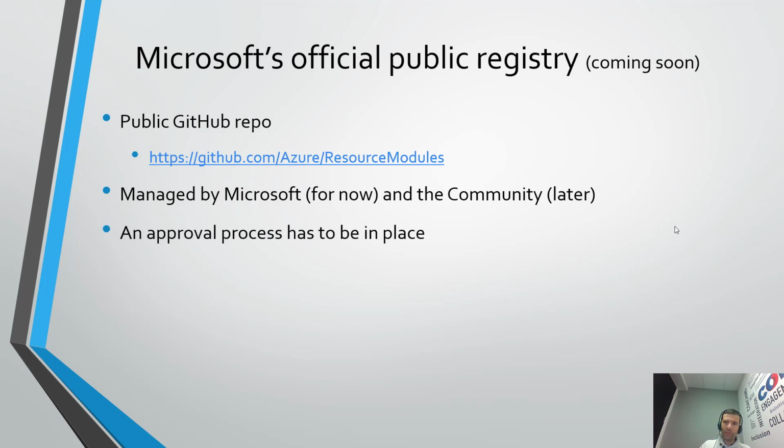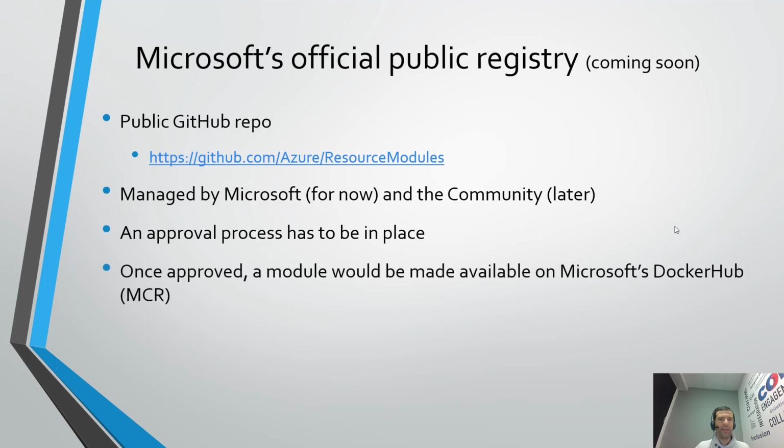For the community to be able to manage that repo, an approval process needs to be in place, to make sure of base quality and standards for the modules that are published. Once approved, a module will then be made available on Microsoft's public registry on Docker Hub.